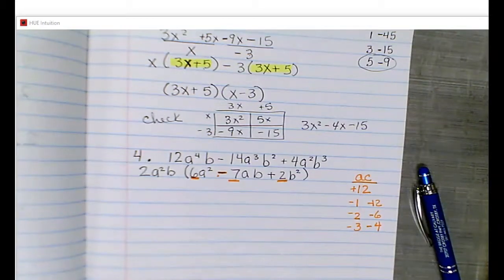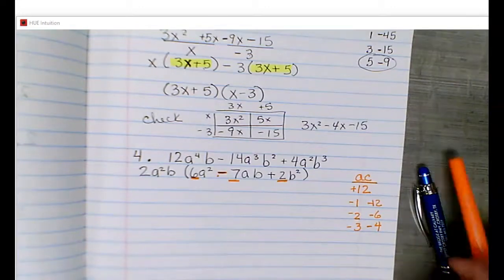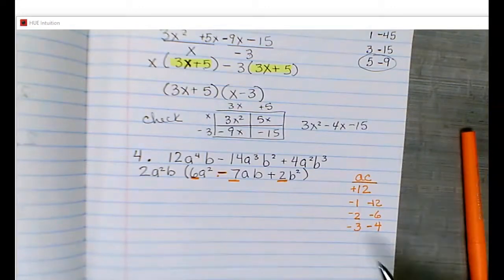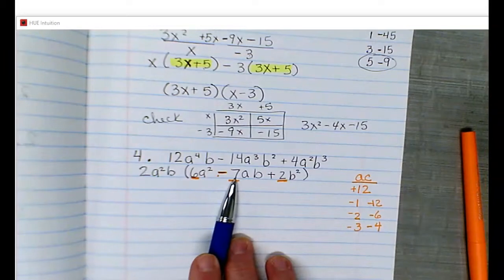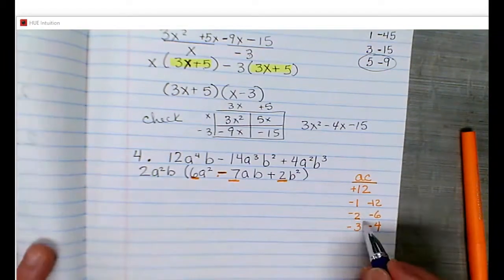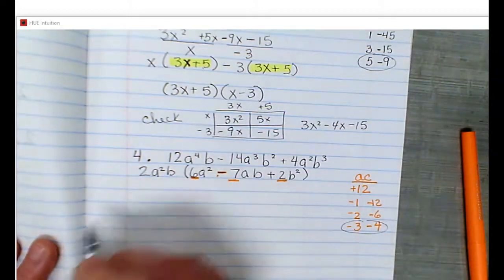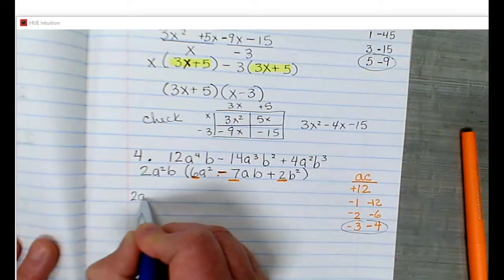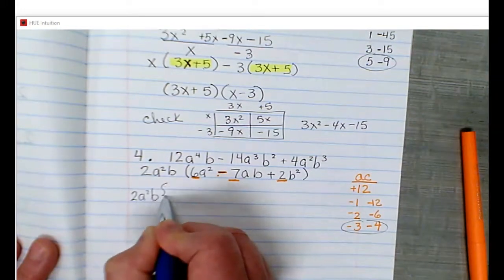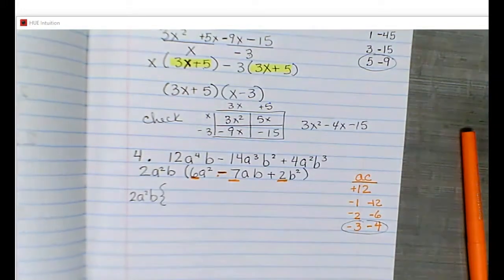Because positive times positive makes a positive. Negative times negative makes a positive. Do we have a pair? That's going to make the 7. So we have this 2a squared b that's going to be hanging out in the front.